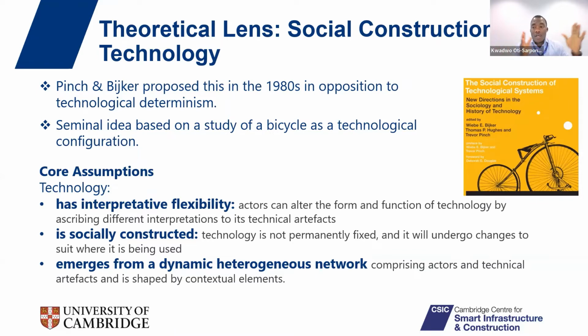They examined historical data to come up with this theoretical way of thinking about how technology emerges in a place, has a specific identity that is linked to the place from which it was developed and the place where it's going to be used, as well as shaped by the actors involved in its development and use. Guiding this theoretical lens are some key assumptions, which mainly border around technology.